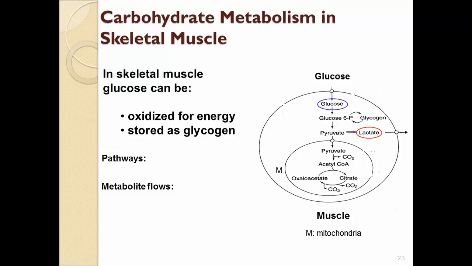So glycogen synthesis activity is high in the skeletal muscle. And under the fasting conditions, the muscle releases lactate, and that will be picked up by the liver for gluconeogenesis, right? So different tissue cells function differently.